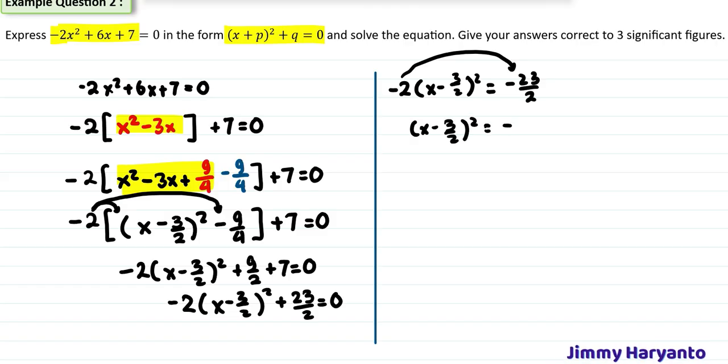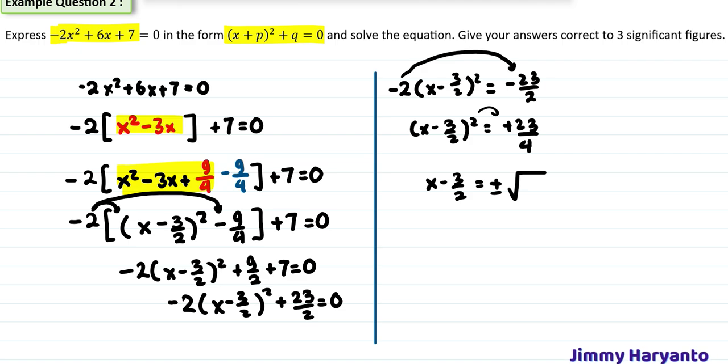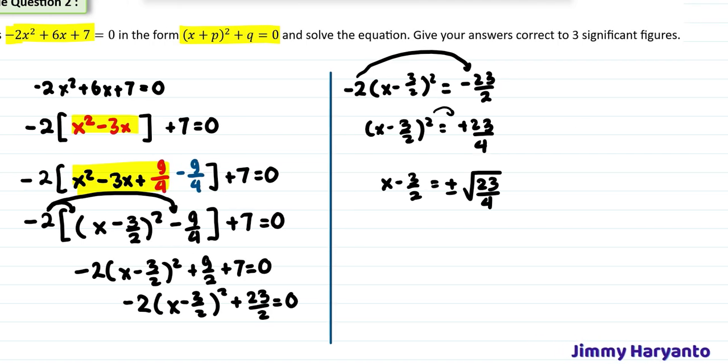Square equals to divide, you will have positive 23 over 4, and then you move the square, it will become square root. So x minus 3 over 2 equals to plus minus. Don't forget to put plus minus when you move square into square roots.